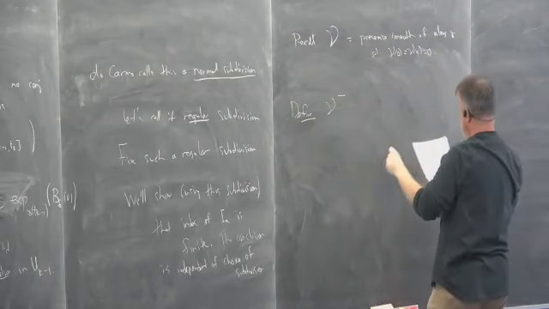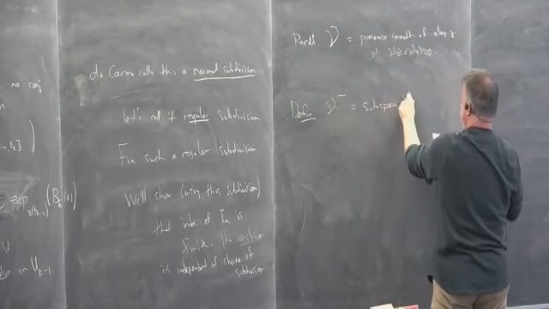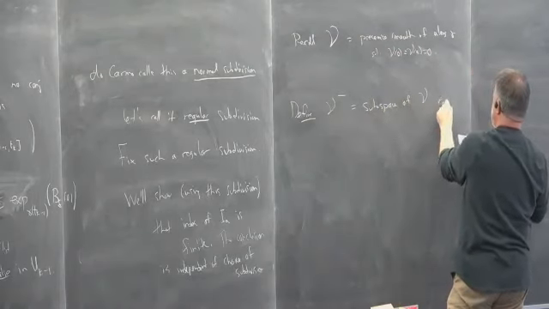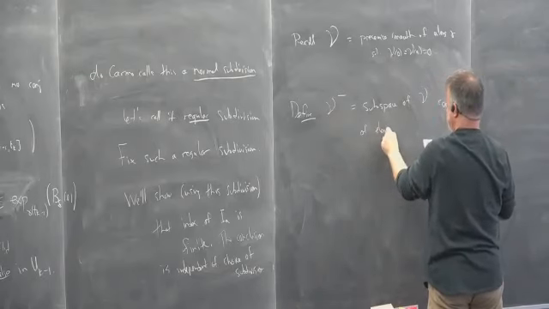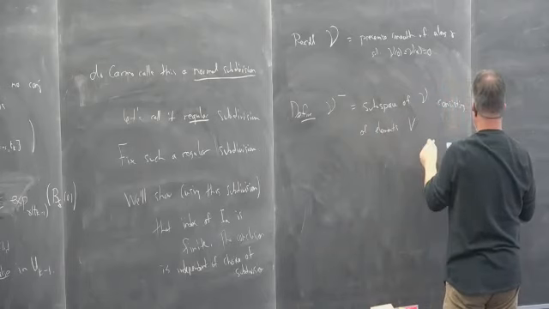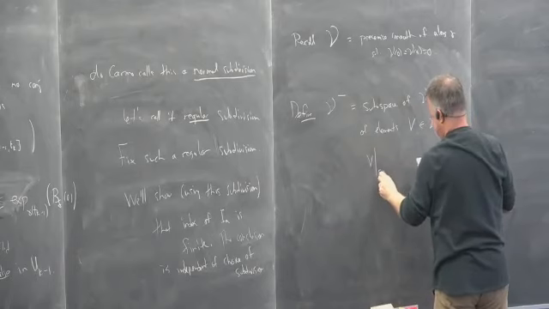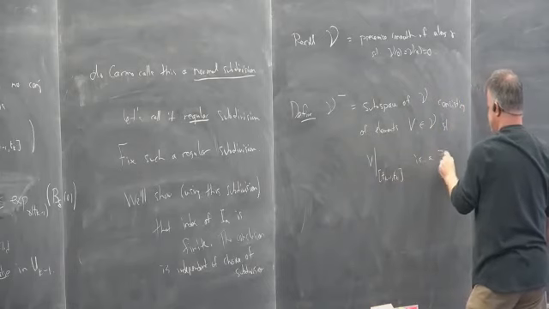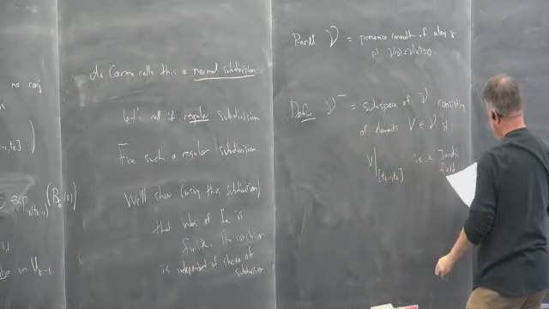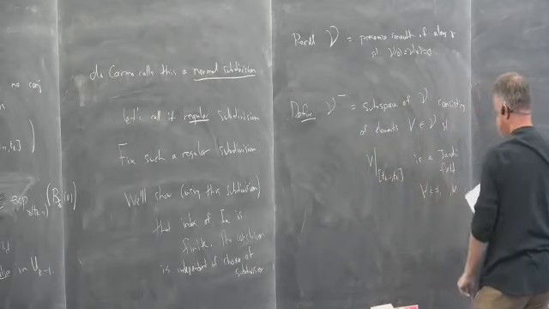You'll see why it's called minus in a few minutes. This is the subspace of V consisting of elements capital V such that when I restrict to each of these subintervals, this is a Jacobi field, for all k equals 1 up to n.